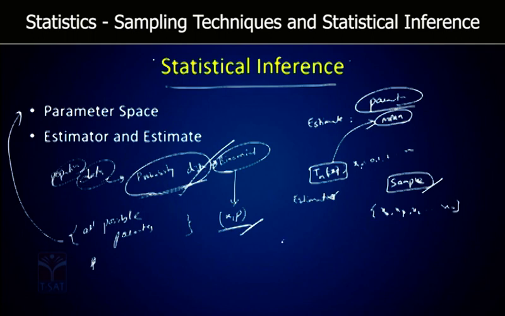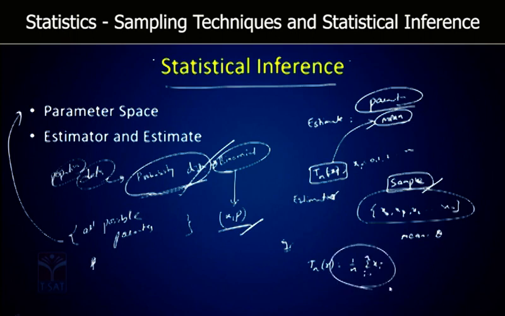Now, let us consider an example which we can clearly understand. Let us consider a parameter, the mean theta. Now I have a sample with values x1, x2, so on up to xn. So I have to write a function Tn of x. What function do we write for the mean? 1/n into the summation of xi where i takes values 1 to n. So this is an estimator for the population parameter theta.